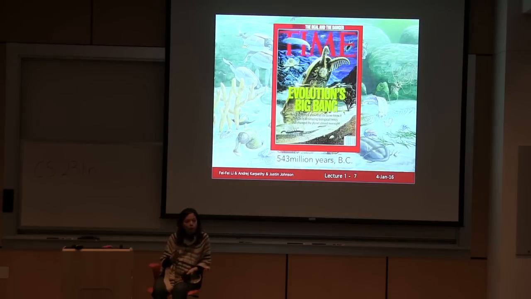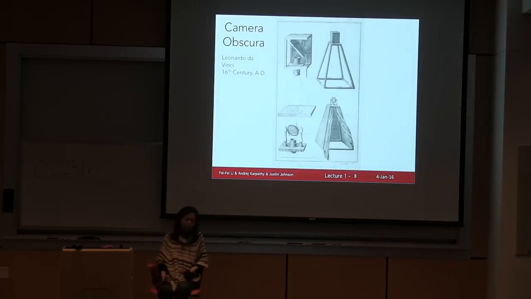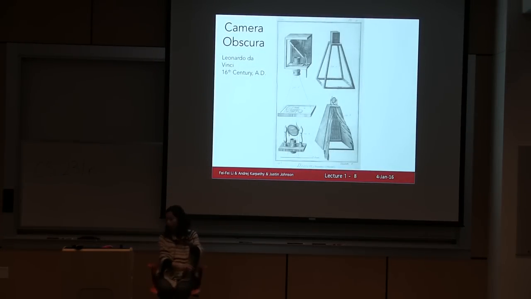Another big important work that focused on engineering of vision happened around the Renaissance, and of course, it's attributed to this amazing guy, Leonardo da Vinci. So before the Renaissance, throughout human civilization, from Asia to Europe to India to the Arabic world, we have seen models of cameras.